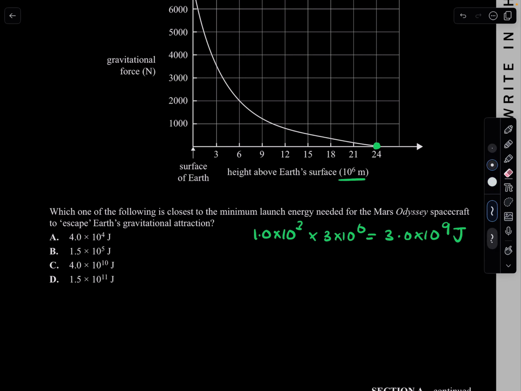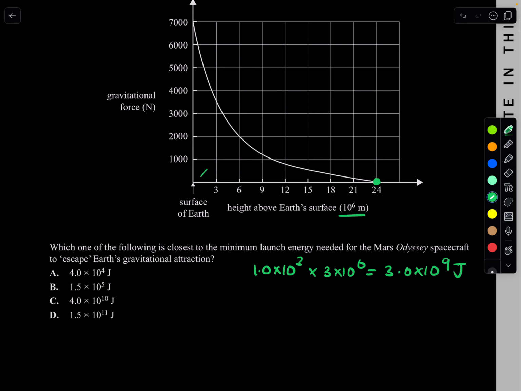And what we're going to do now is count the number of squares. For example, 1, 2, 3, 4, 5, 6, 7, including this little one here, 8, including this little one here, 9 with this, 10 and 11.